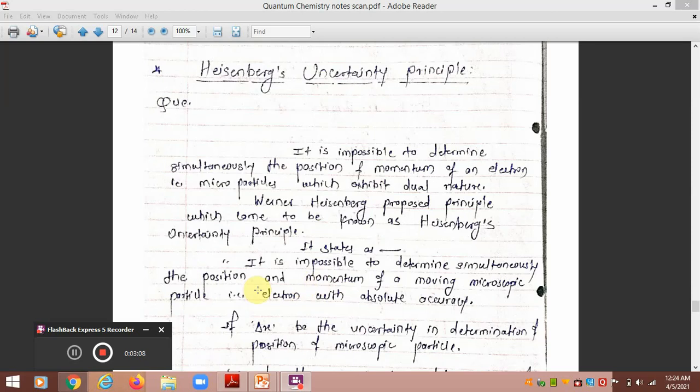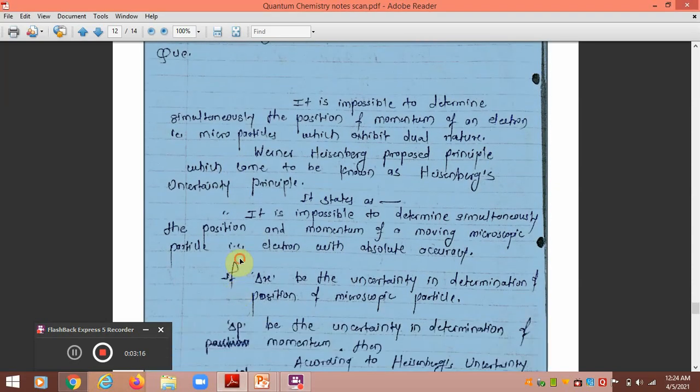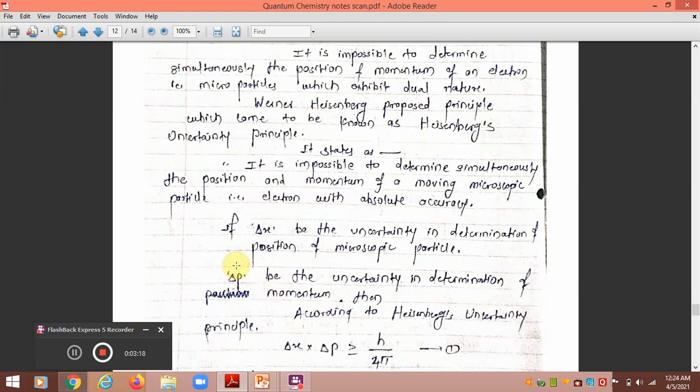Suppose here we try to explain this with the help of an equation. Suppose delta x is the uncertainty in the determination of the position of a microscopic particle like an electron. Remember that delta x is the uncertainty.